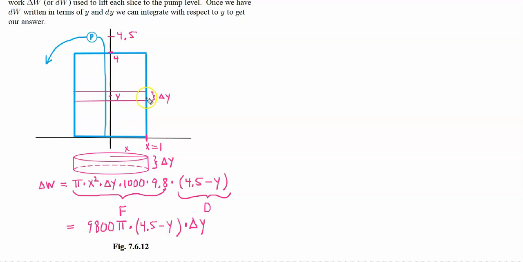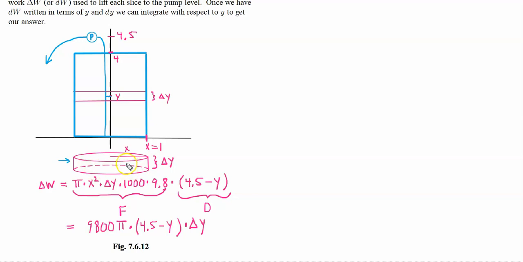Now, for this slice of water that is located at position y on the y-axis, we're going to denote the thickness of it by delta y. Now down here, recall, that's our picture of it. So we have to calculate how much mass this slice of water contains. Well, we have to calculate the volume and then multiply by the mass density of water, which is 1,000.